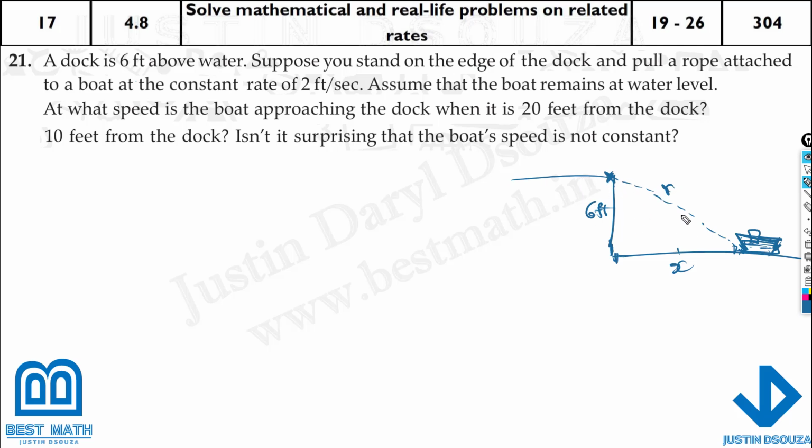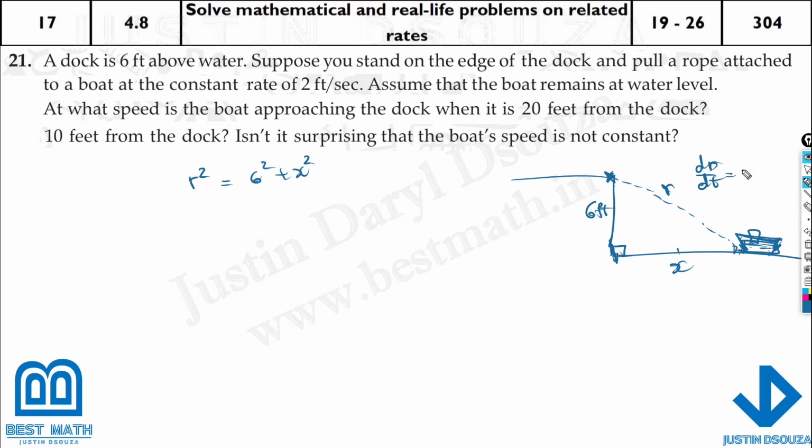So here we have Pythagoras theorem, because this is 90 degrees. That's going to be r squared is equal to 6 squared plus x squared. Now, we have been given the constant rate, dr by dt, with respect to time, because it's feet per second.